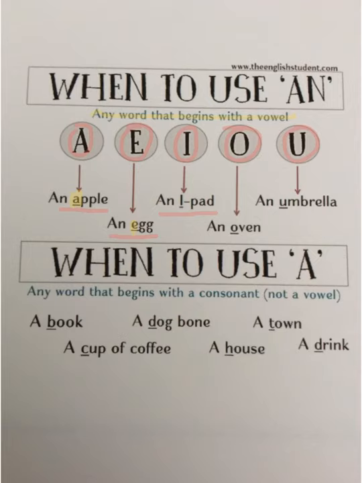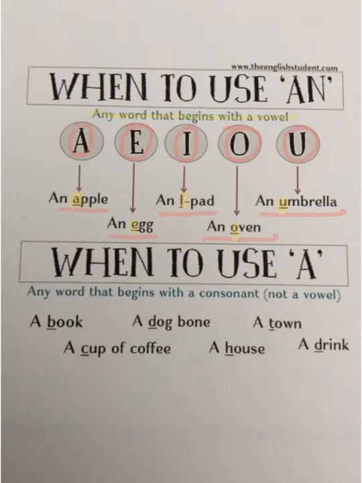An iPad has an I. And then the next one is an oven. An oven starts with an O. And then the last one is an umbrella. An umbrella starts with a U. So you're going to use the word an with another word that starts with a vowel.